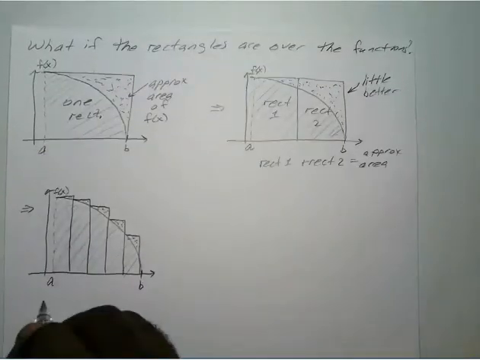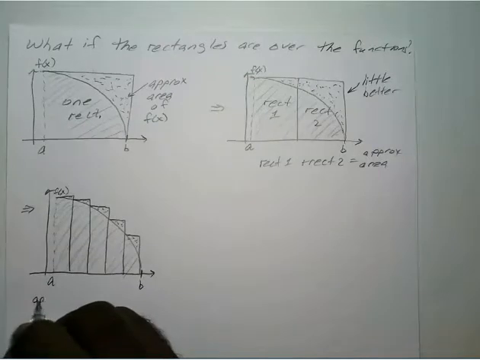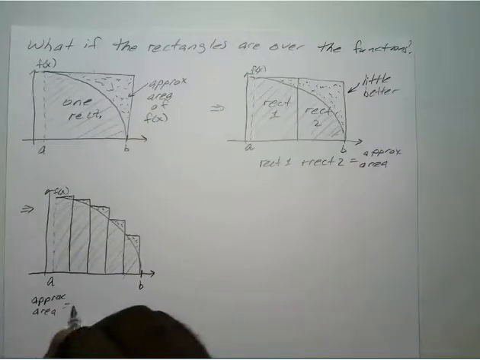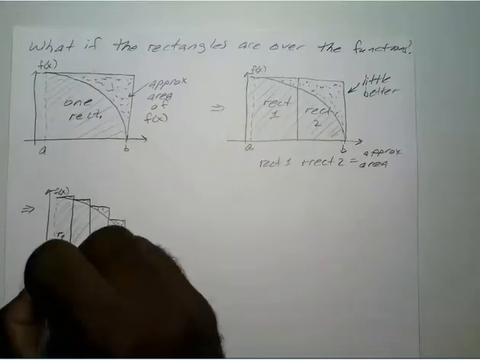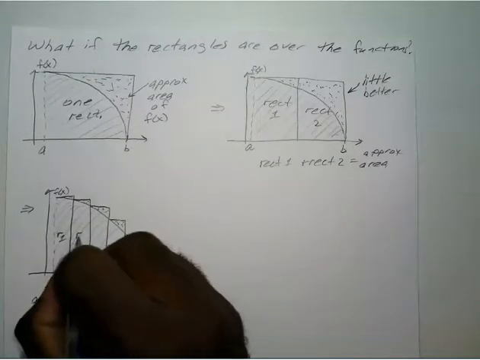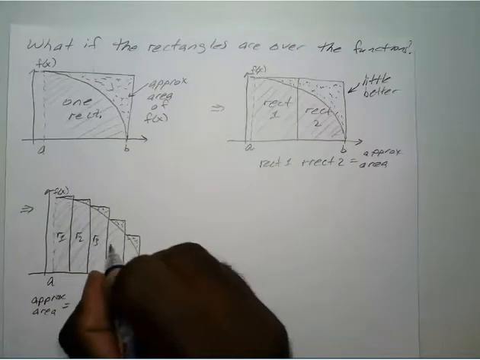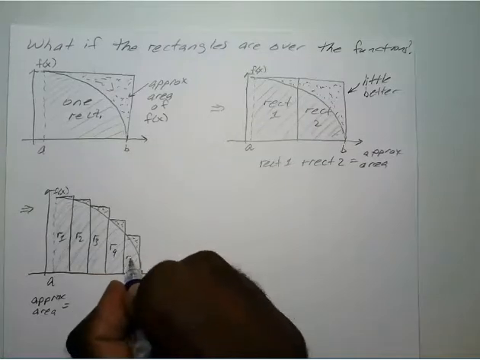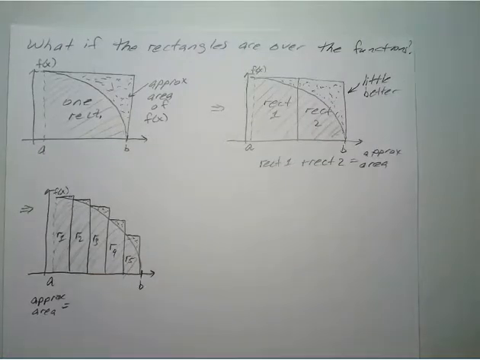So once again, our approximate area is if we add our first rectangle, second rectangle, third rectangle, fourth rectangle, and fifth rectangle. We're just adding all of our rectangles together to give a really good guess.